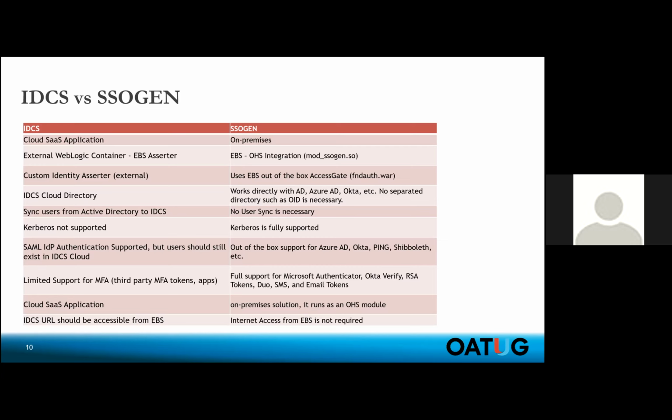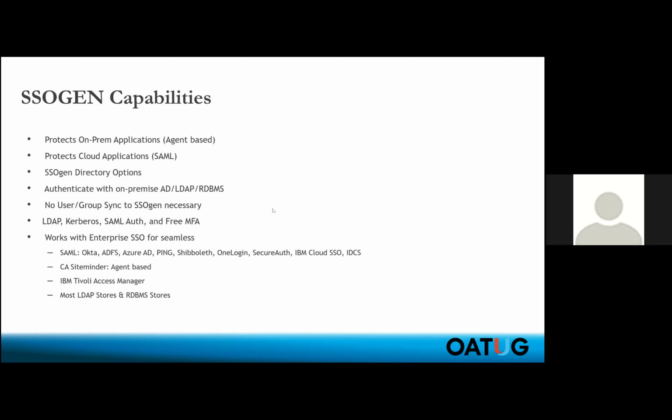And things like Duo and any other email or SMS token can be directly accessible. And then the last one is, from EBS servers or the network, you do not need any internet connection.